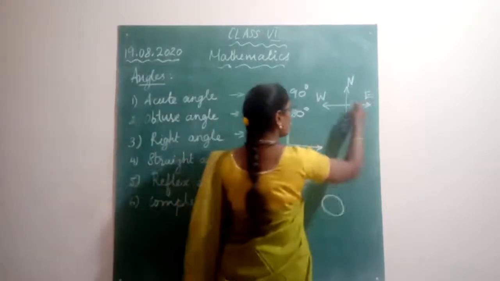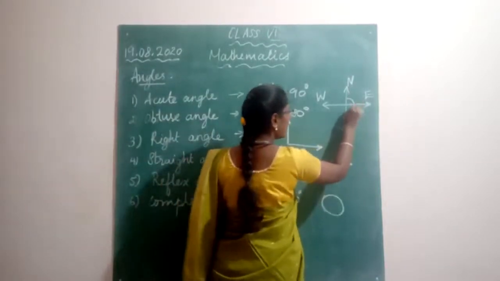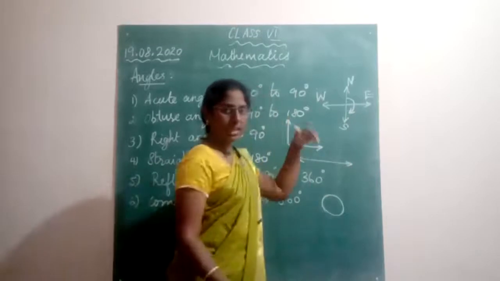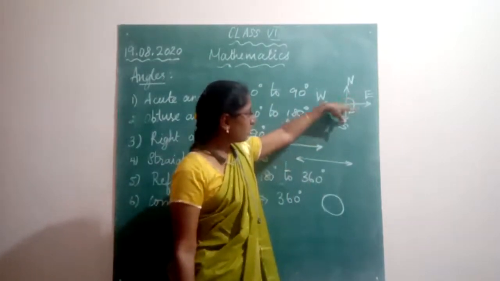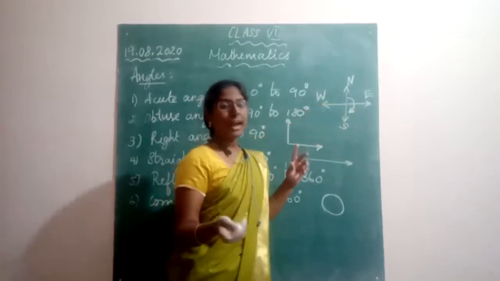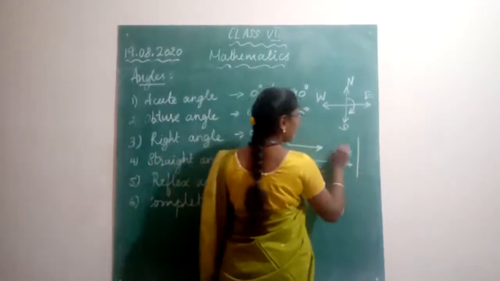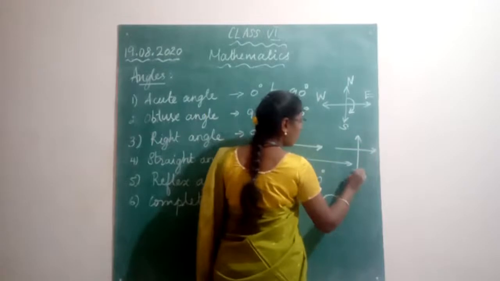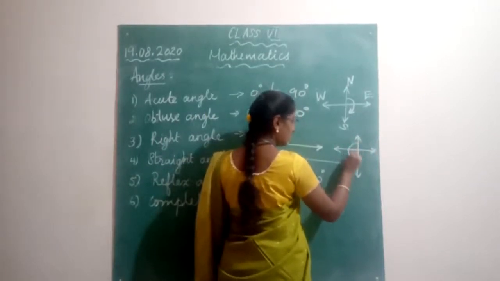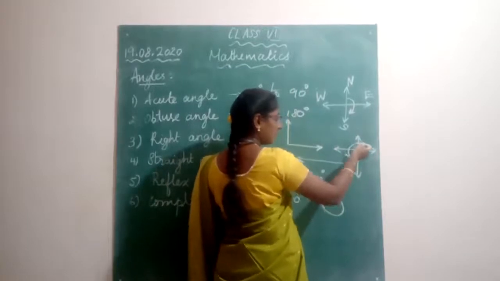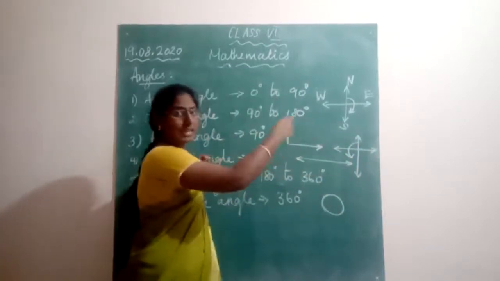Clockwise direction is moving in this way. Okay, a clock moves like this only. If you have 1 here, then from 1 it moves 2, 3, 4 like this. Okay, but what do you mean by anti-clockwise direction? Anti-clockwise direction is moving in the opposite direction like this. Okay, so in this way, like 12, 11, 10, 9 like that.